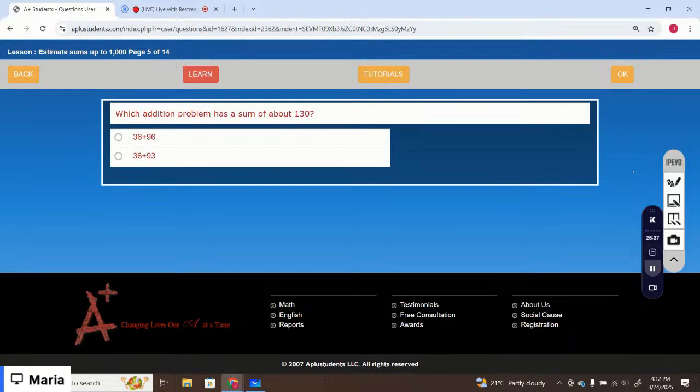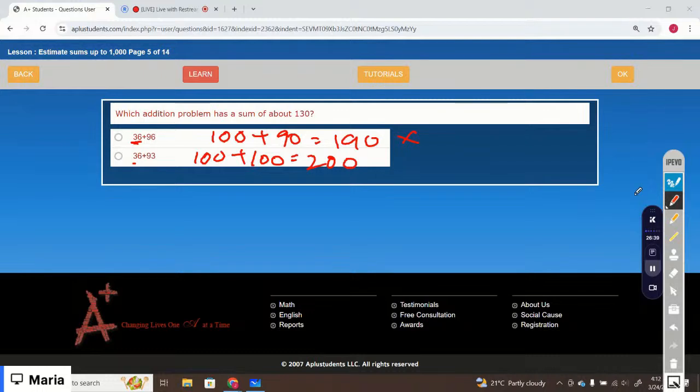Let's look at the first one. 36 plus 96. 36 is rounded to 40 and 96 is rounded to 100.